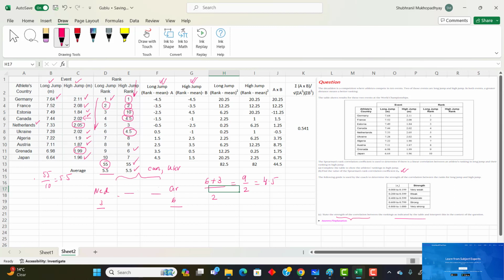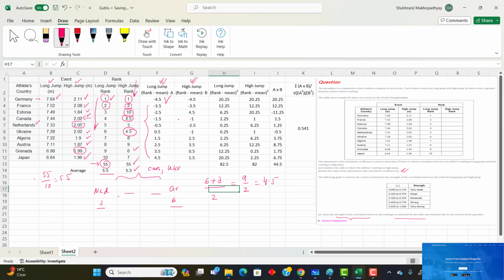For Germany, the rank was 1 and the average rank was 5.5. So the deviation is 1 minus 5.5, that's minus 4.5. That should be a minus over here first. Similarly, you will be able to find the deviation of all the individual ranks from the mean.